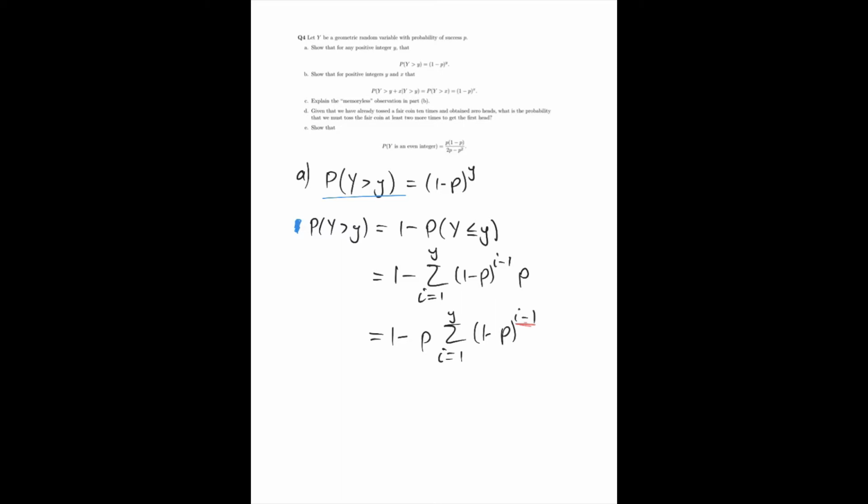So we're going to look at the indexing, right? In this case here, i goes from 1 to y, but i minus 1 goes from 1 minus 1, which is 0, up to y minus 1. So we can write that instead as i goes from 0 to y minus 1 of 1 minus p to the i, right?